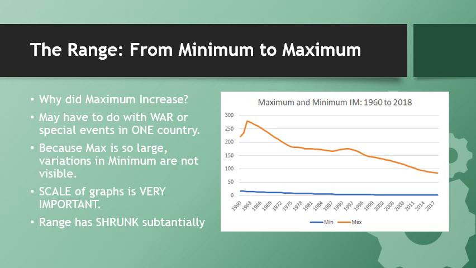Here we are plotting the maximum and the minimum hardly shows any change. This is because when we are graphing at the level of 200 and 250, then the small changes in the minimum just get reduced to nothing, as we will see in the next graph where we plot the minimum separately.